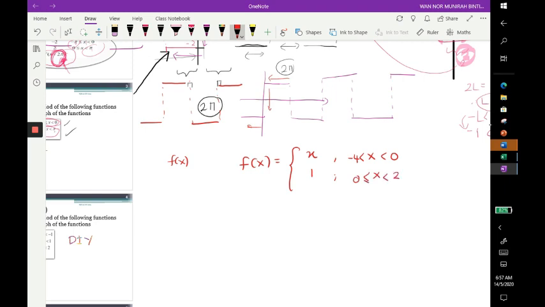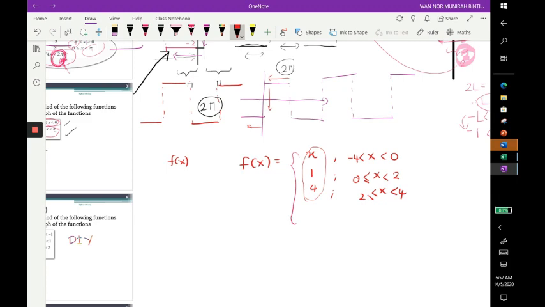Okay, so next f(x) equals 4, x from 2 to 4. Okay, can you please tell me what is the period of this function? If you try to sketch the graph, or no need to sketch the graph first, okay?